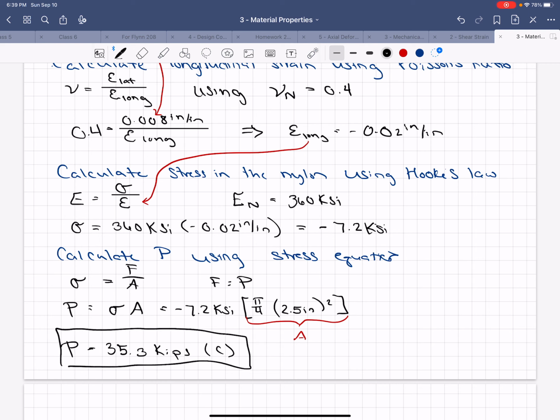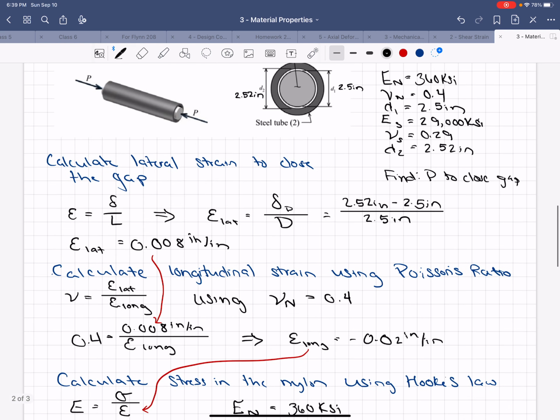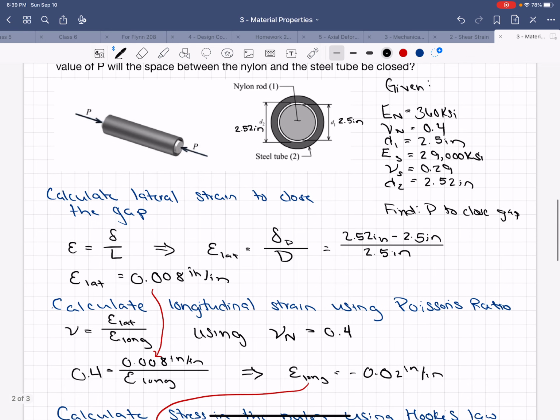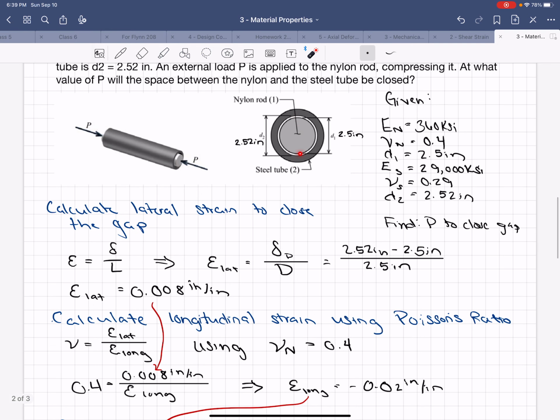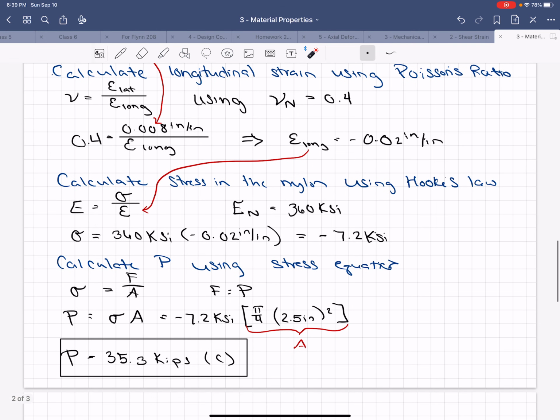Pretty awesome problem. We went from a lateral change in diameter to being able to calculate the longitudinal force causing that lateral change. So I think it's awesome.